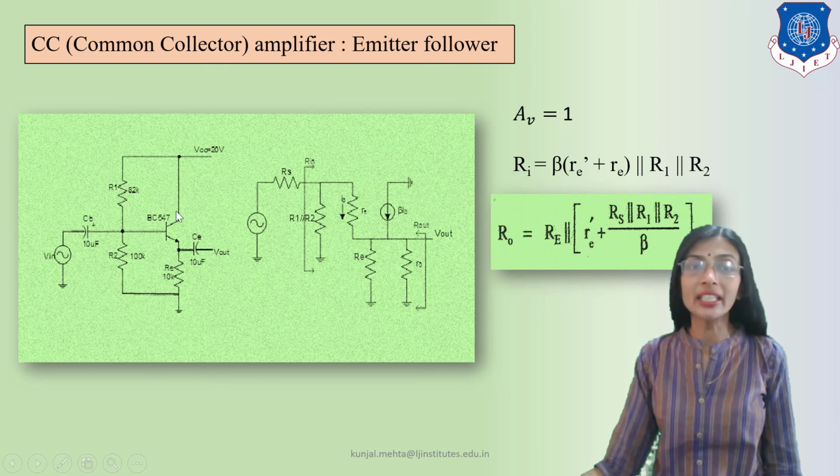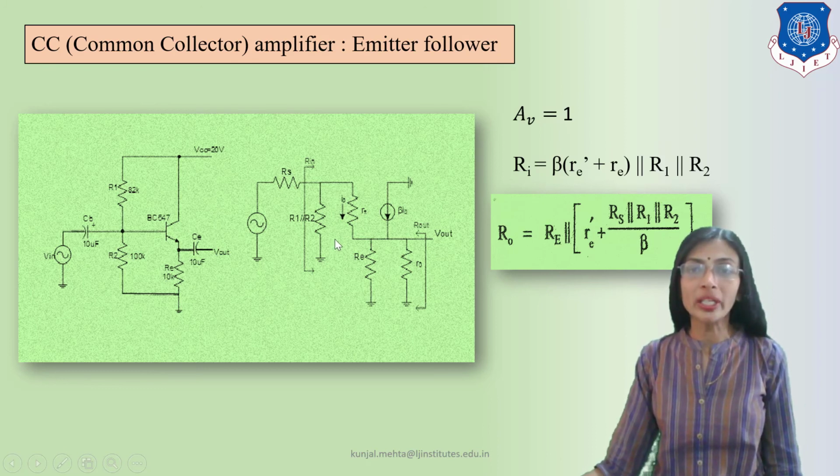If we do not connect any resistance on the collector terminal and connect the collector directly to plus VCC, then it is known as common collector. The other terminals, like the base, will have R1 and R2, and RE is connected with the emitter terminal. So this is not common emitter, but a common collector circuit.